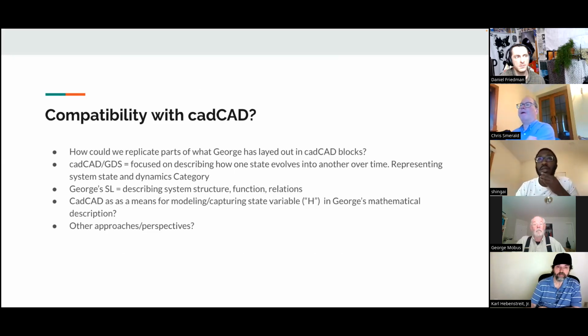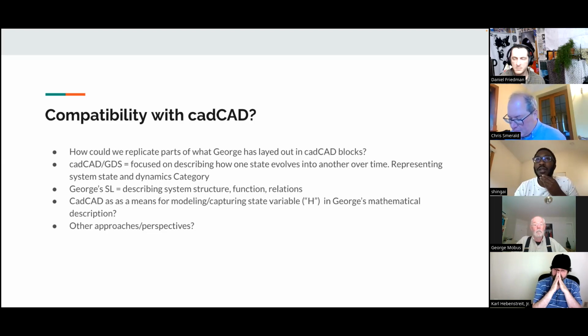So we had talked about integration with things like CAD, which is an existing really great system for modeling complex systems. I feel like this is an area where I could really use some help thinking through how to approach this. So we'd asked last time, how could we replicate parts of what George has laid out in CAD blocks?